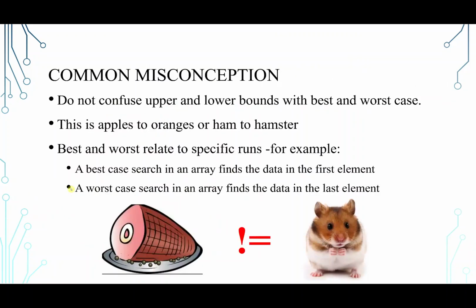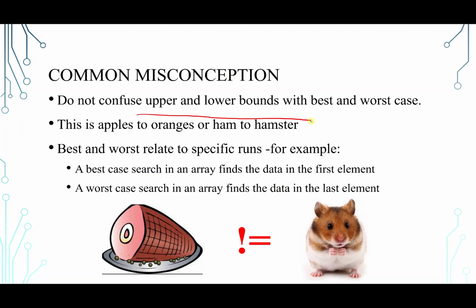Okay, there is a common misconception or common mistake. Some people confuse the upper and lower bounds with the best and worst cases. It's like confusing hamster with ham. The best and worst cases relate to specific runs.